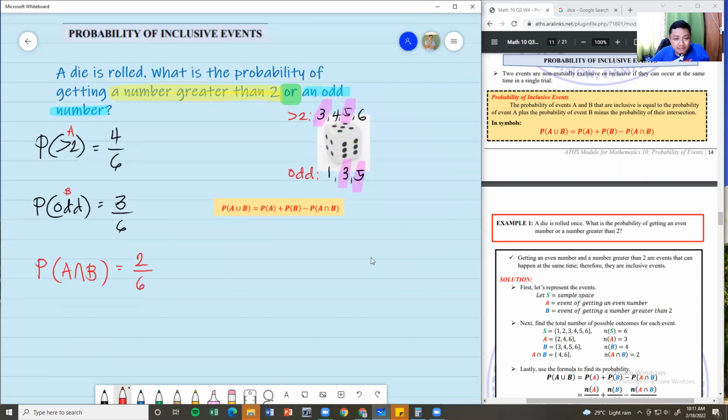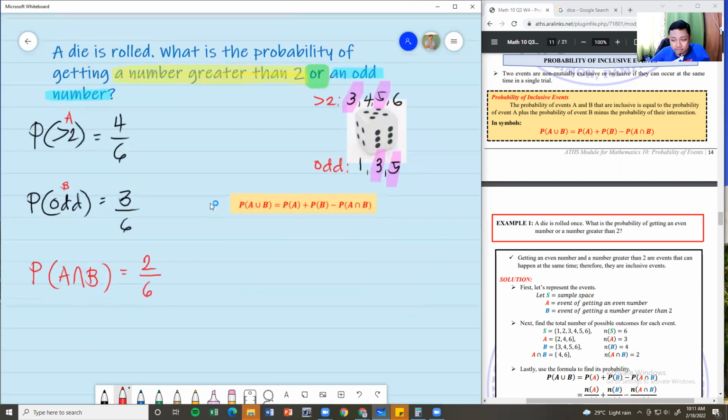Okay? And so now, let's just simply substitute our probabilities. So this will become the probability of the union of A and B will be equal to P of A. Our first event is 4 over 6. This is what I'm telling you, na do not simplify it yet kung pare-pareho yung denominator.